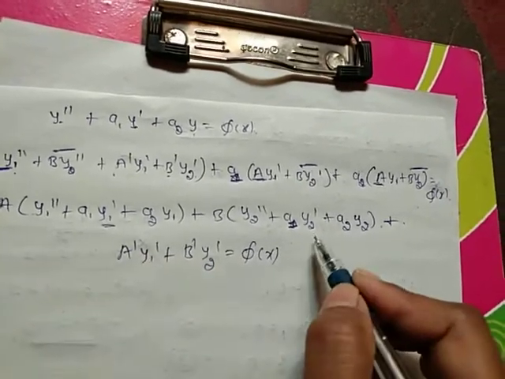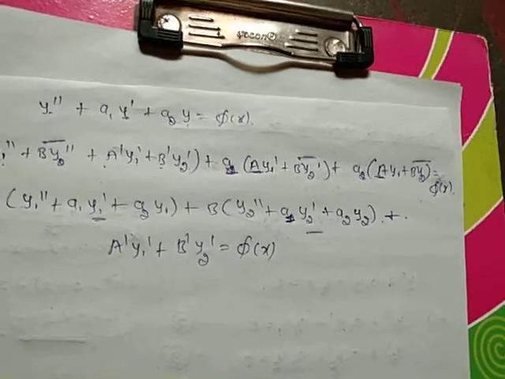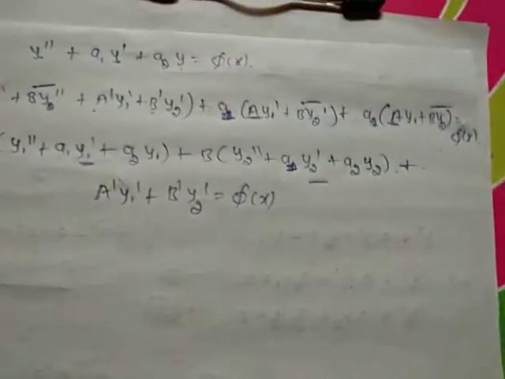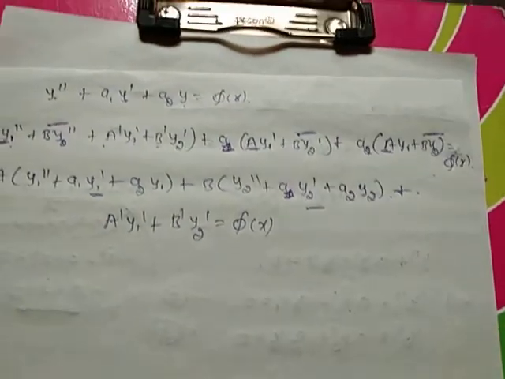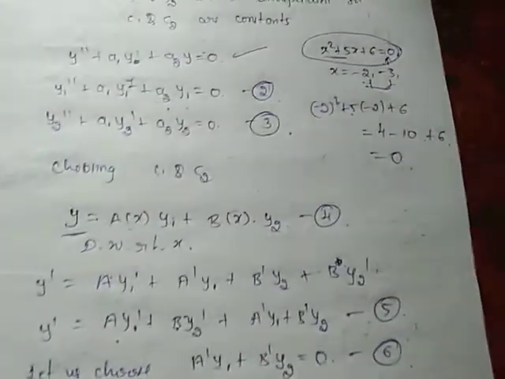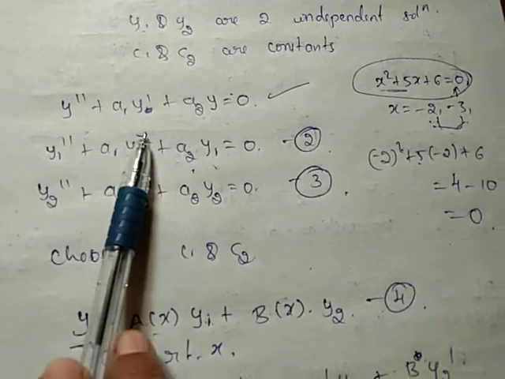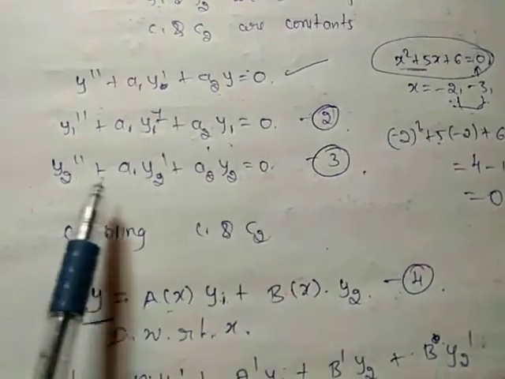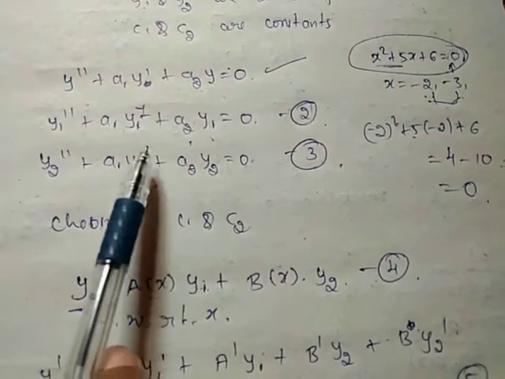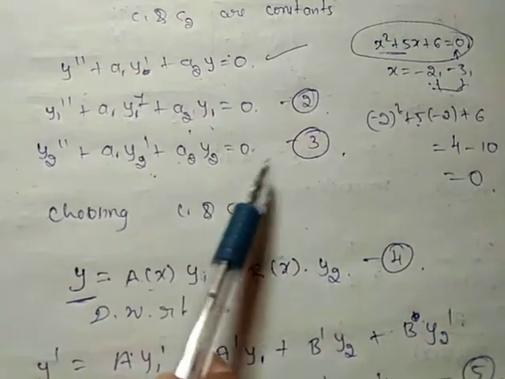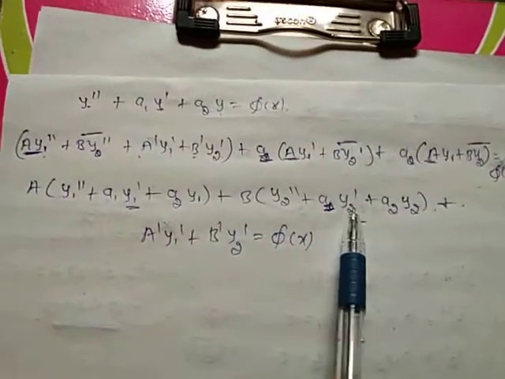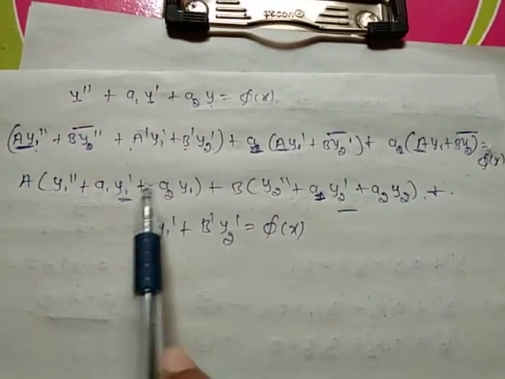Now see these equations, equation 2 and 3. By equations 2 and 3, y1 double dash plus a1 y1 dash plus a2 y1 is 0, and y2 double dash plus a1 y2 dash plus a2 y2 is 0. Substituting those values in these equations, this becomes 0.